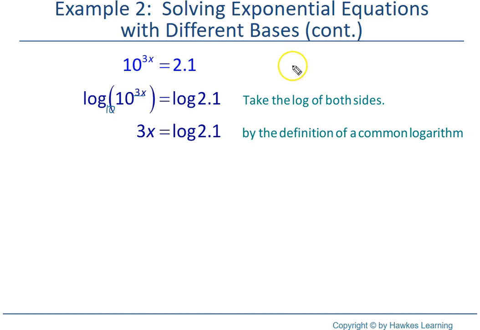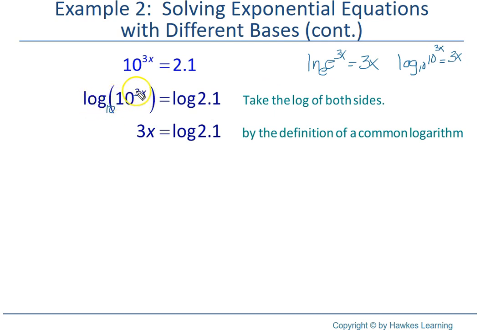We said when we had this earlier that if we had natural log base e of e to some exponent here, this would just become the exponent. So this is what they're showing here. In this case, common log. It works the same. Common log 10 of 10 to the 3x. This would just become 3x.